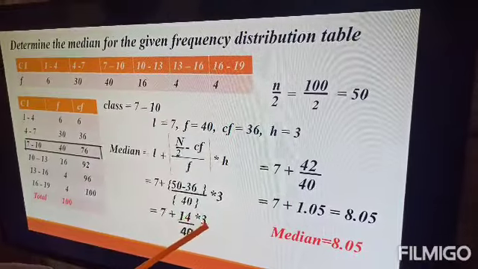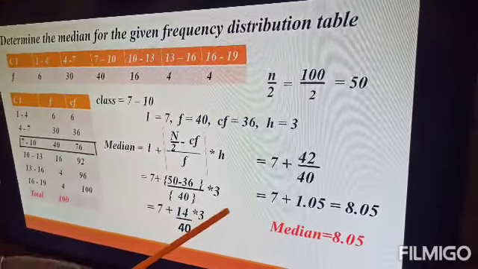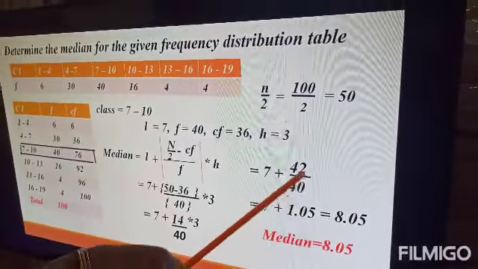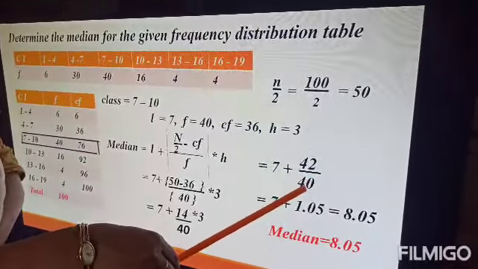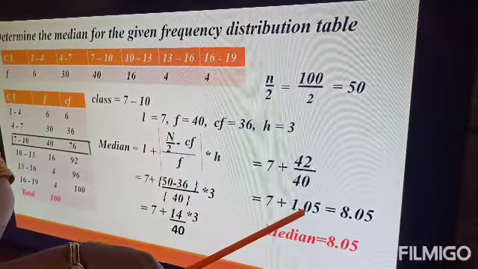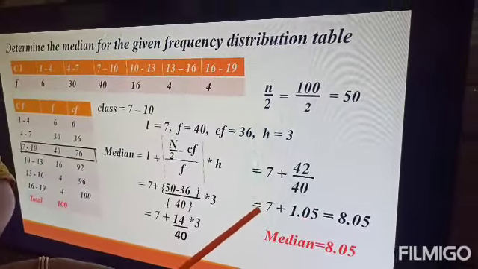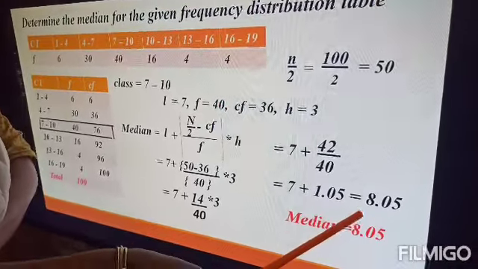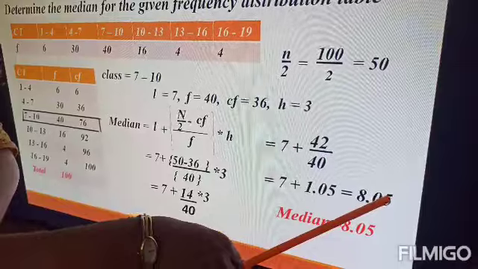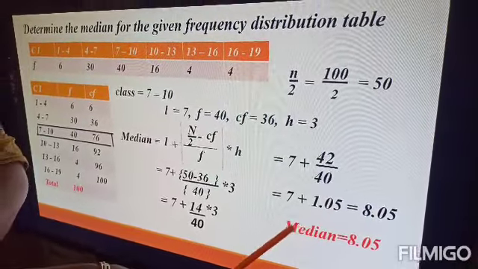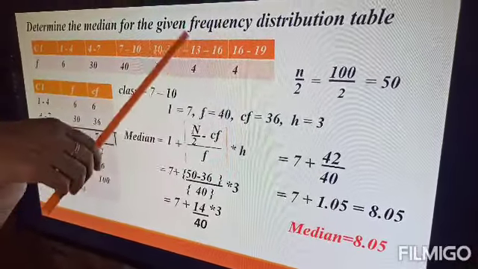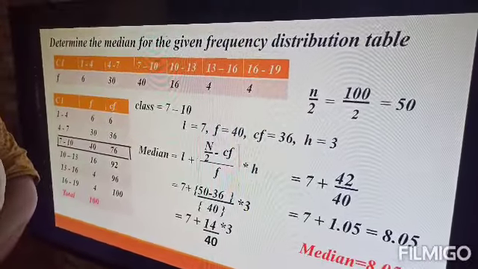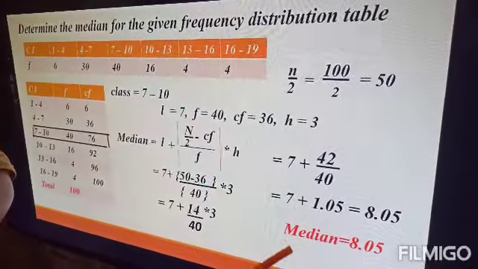Then we multiply: 14 into 3 is 42 by 40 as it is. Simplifying 42 by 40, we get 1.05. Then 7 plus 1.05 is equal to 8.05. This is the median for the given distribution table.